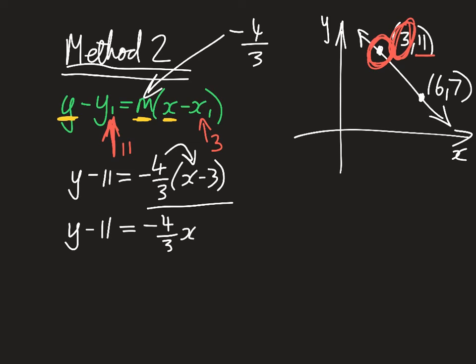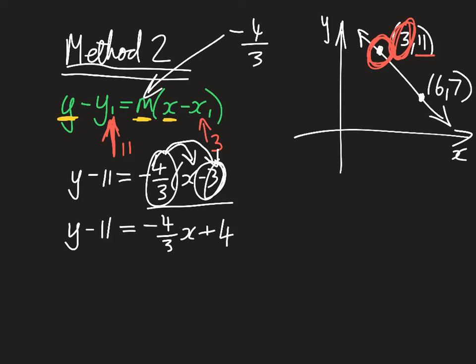And then we've got minus 4 over 3 times a minus 3. A minus times a minus becomes a positive, and then 4 over 3 times the 3 becomes 4. Yeah, it becomes 4, believe it or not, plus 4.